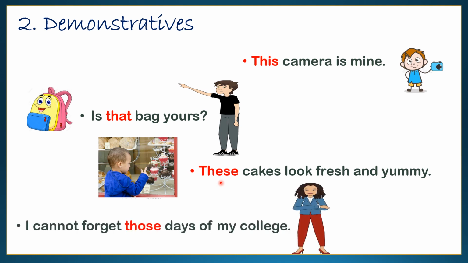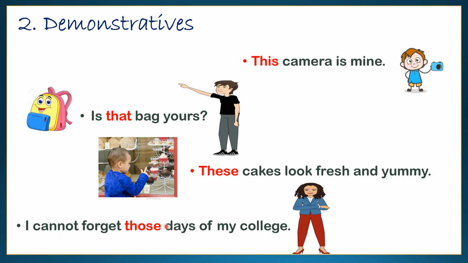Last example. I cannot forget those days of my college. Here, days is a plural noun and hence we'll be using either of these or those. But these can be used for representing time also. So, days of college are over in the past.